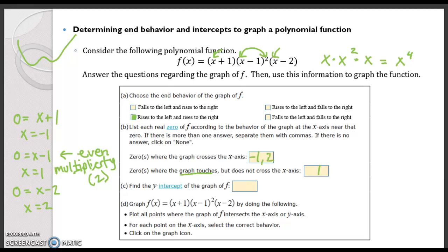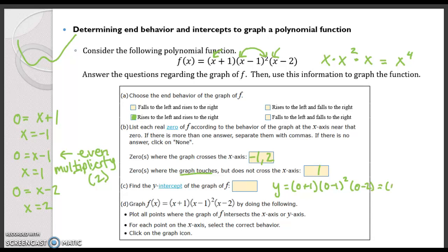Find the y-intercept of the graph. Well, how do we find the y-intercept? We plug in 0 for x. So we're going to get 0 plus 1 times 0 minus 1 squared times 0 minus 2.